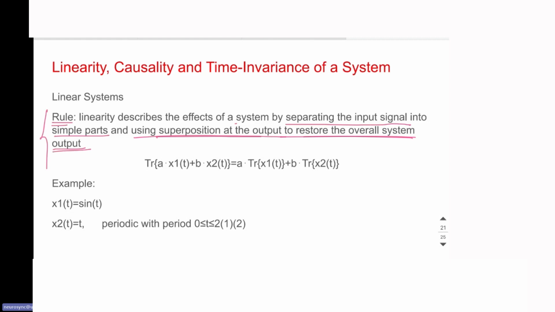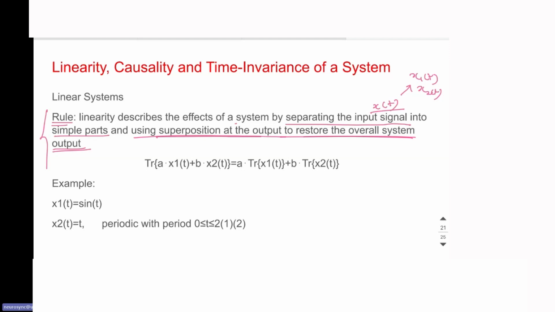Okay. Now, suppose I have some input signal x of t, and I separate this signal into x1 of t and x2 of t. These are some simple parts of the signal x of t.